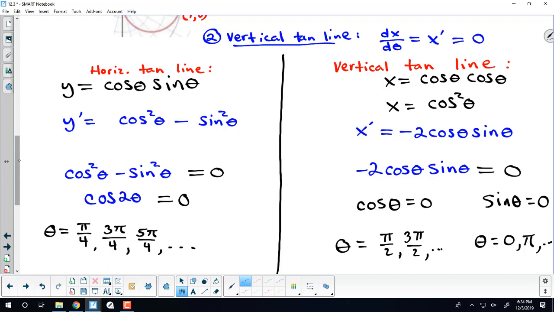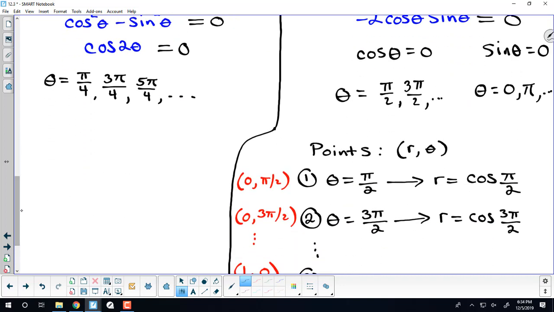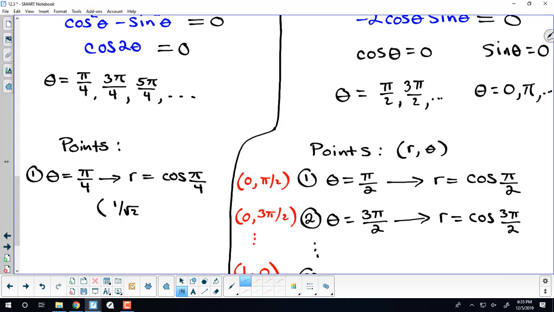So all we're going to do, like we did over here, is take these theta values and put them into the original function r. So theta equals pi over 4 into our cosine theta. That gives us the point 1 over root 2 comma pi over 4.